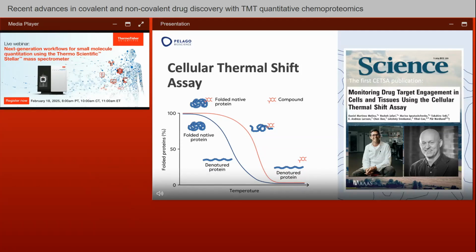The principle is, if the compound binds to your target protein, it will change its thermal stability and result in a shift in the melting curve to the right if the protein got stabilized, or to the left if it was destabilized. Thus, by measuring protein denaturation curves inside living cells, we can deduce whether the protein is bound to the compound or not.